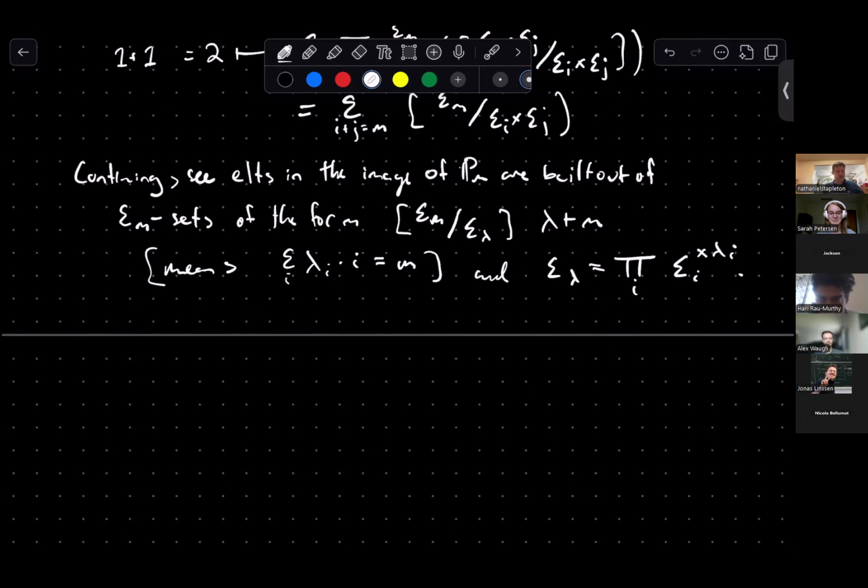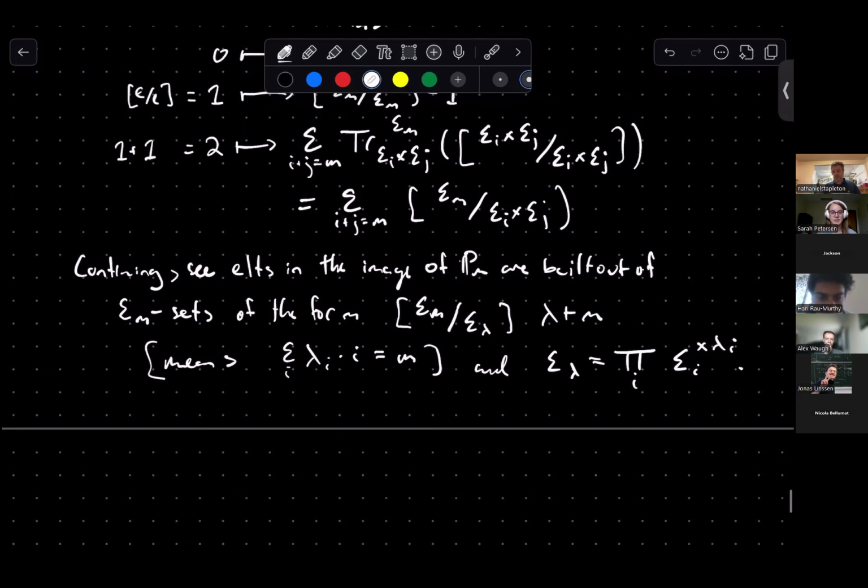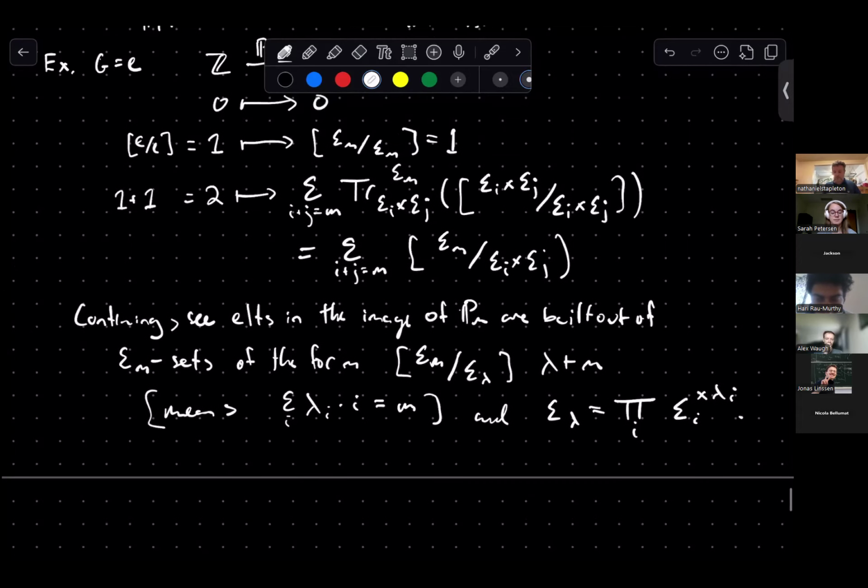So this suggests the following thing. It suggests that somehow the image of the total power operation is smaller than you would expect it to be. And this is very different from the representation ring case. If you're thinking about representations of the symmetric group, the map from Z to the representation ring of the symmetric group given by the power operation, you only see partition information in the representation ring, right?